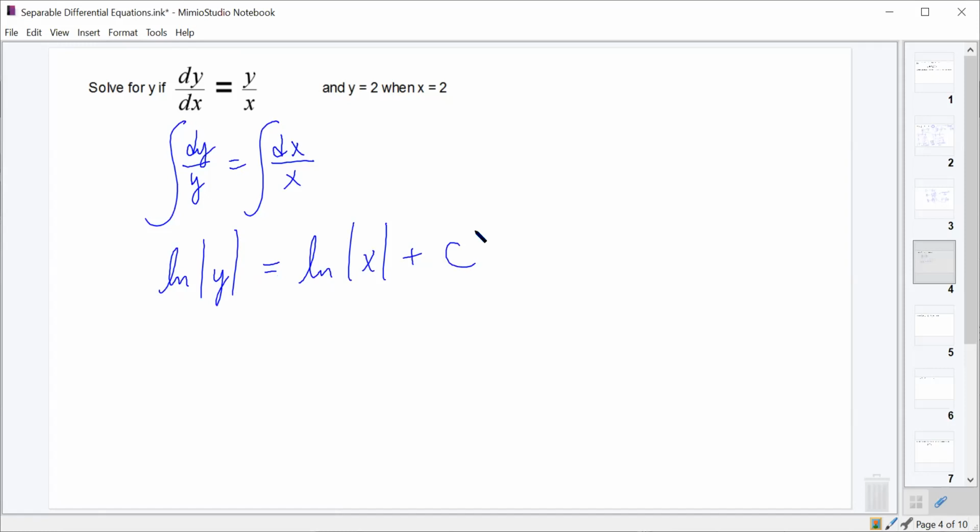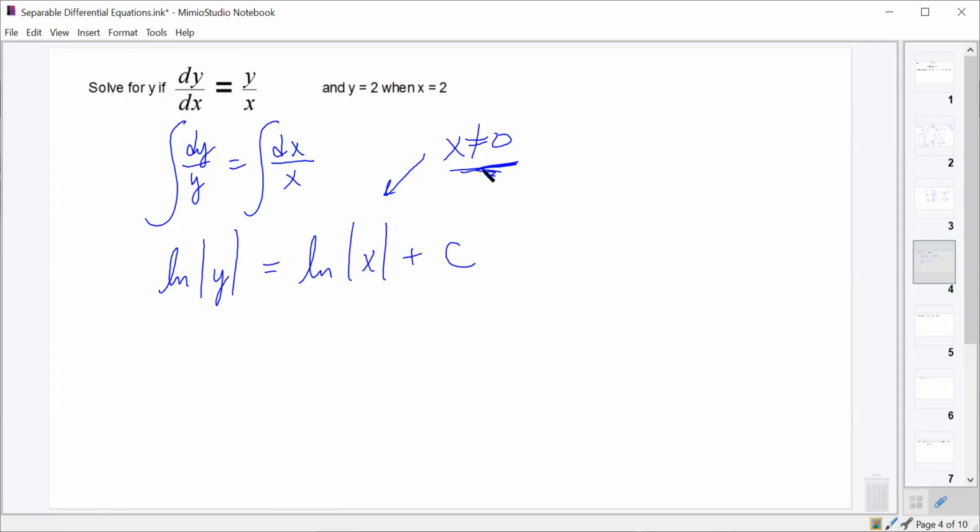And so first off, very important when you are solving separable differential equations, as soon as you integrate, I know I said as soon as you integrate, find your constant, but also as soon as you integrate, look for any domain restrictions. They may disappear as you solve for y, but you still have to include them.